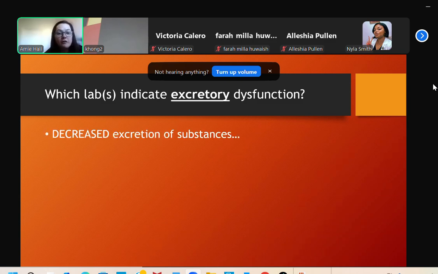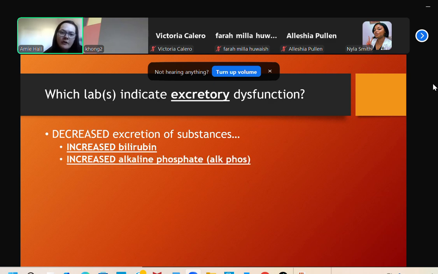So if we have excretory dysfunction, we're not excreting substances like we should. So we have decreased excretion of substances. Substances that are excreted from the liver include bilirubin. So if we're not excreting it, bilirubin is going to go up. Another substance excreted by the liver is ALK-Phos, or alkaline phosphatase.